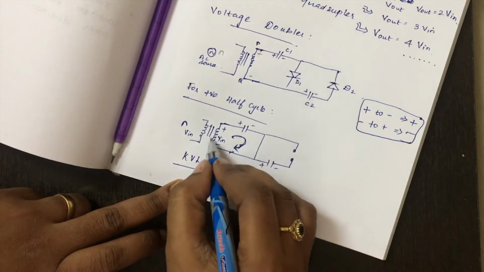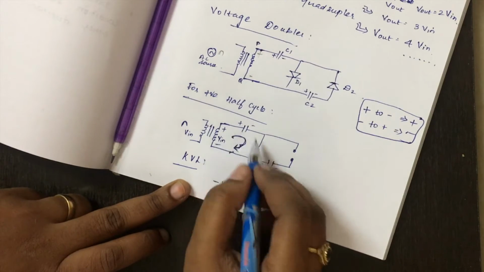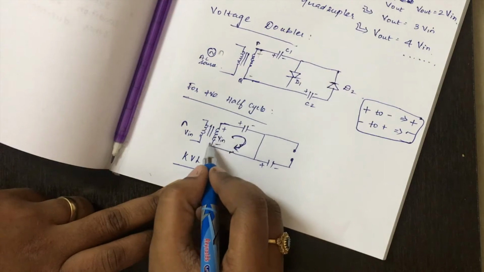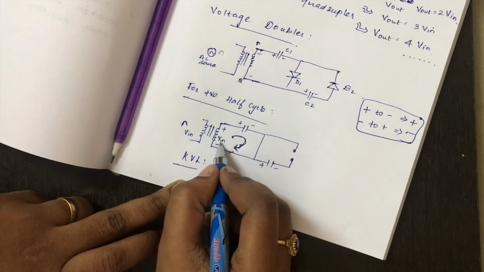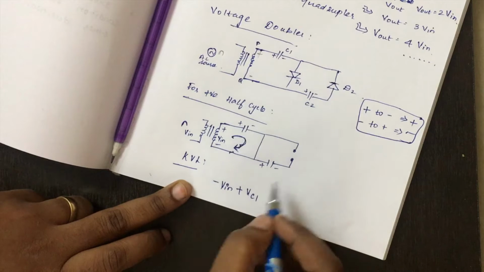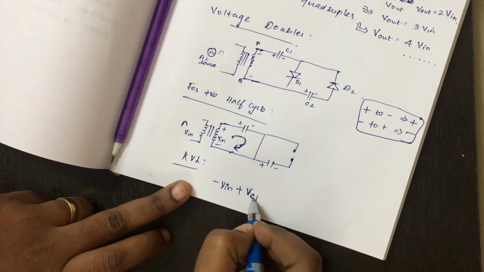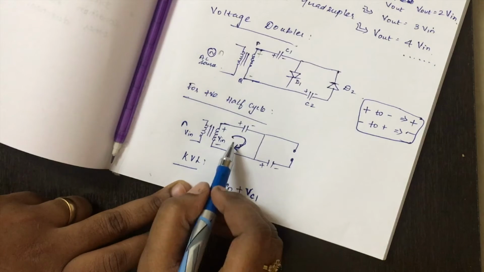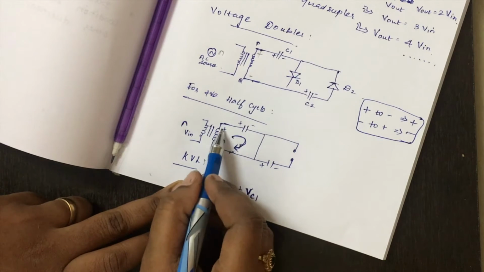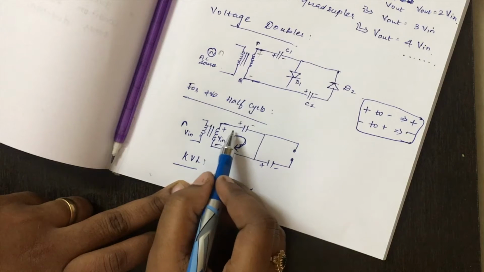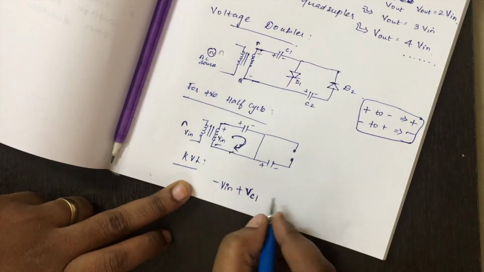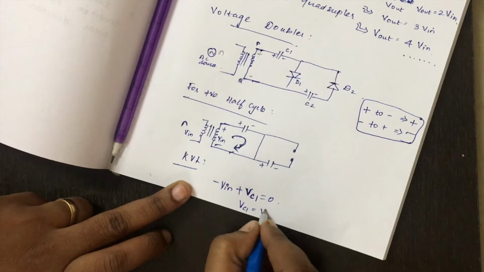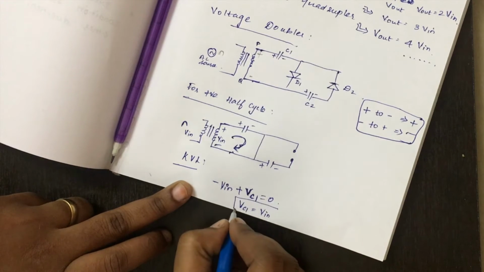In this complete closed circuit there are only two devices: the power transformer, whose voltage is Vin, and the voltage across capacitor C1, which I have mentioned as Vc1. So minus Vin plus Vc1 equals 0. So the voltage across capacitor C1 is equal to the input voltage.